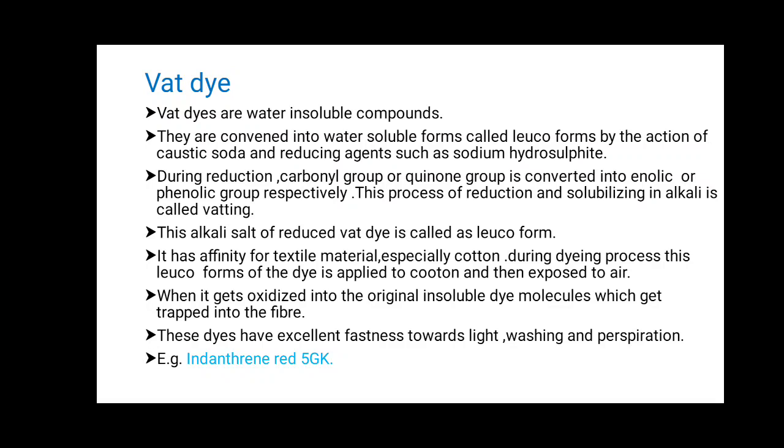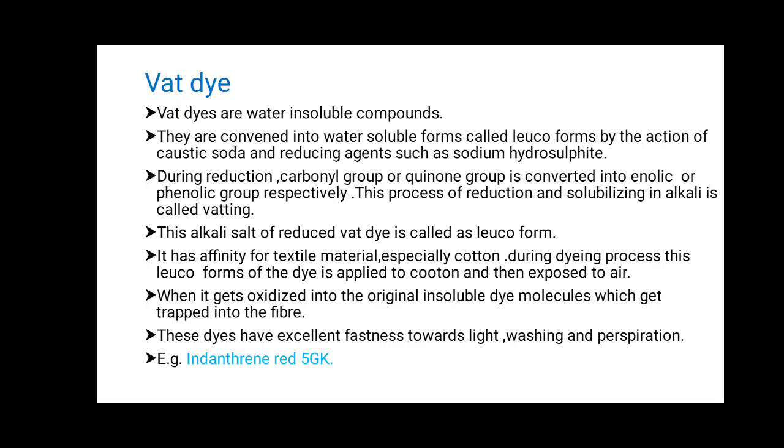This alkali salt of the reduced vat dye is called the leuco form. It has affinity to textile material, especially cotton. During dyeing, this liquid form of the dye is applied to cotton and then exposed to the air, where it gets oxidized into the original insoluble dye molecule which gets trapped in the fiber.